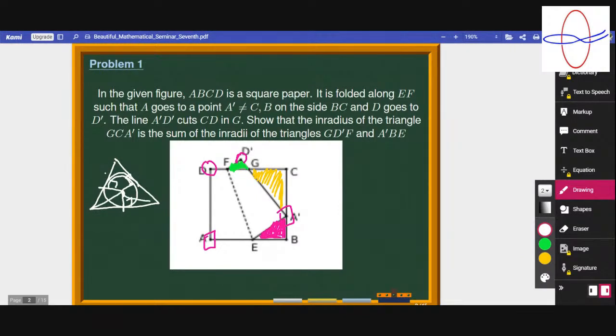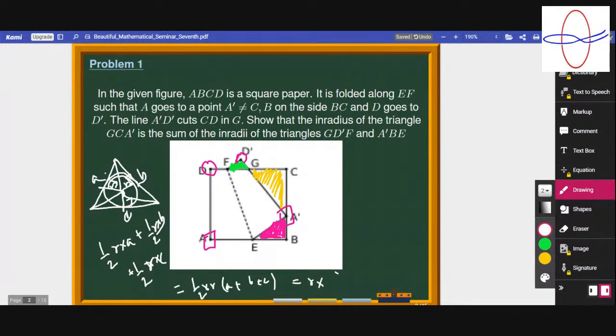If you take individual triangles with sides A, B, C and in-radius R, the total area of the triangle will be half R A plus half R B plus half R C. That gives half R into (A plus B plus C), which is R times the semi-perimeter. Therefore, the area of a triangle is R into the semi-perimeter. It's a result we will be using.